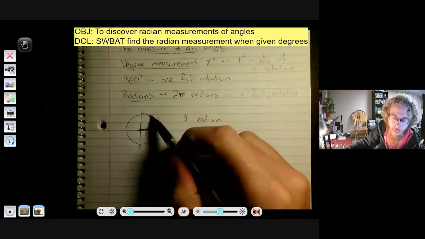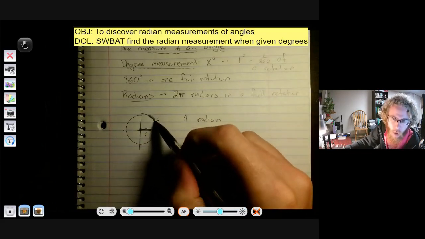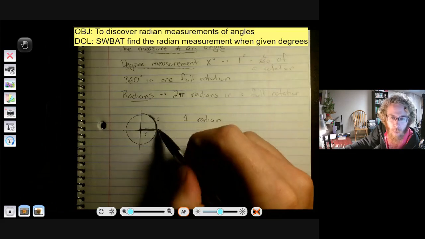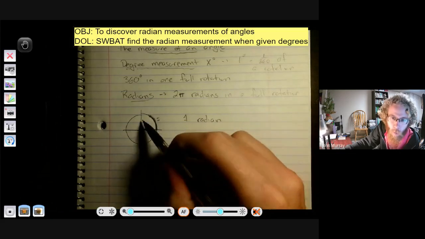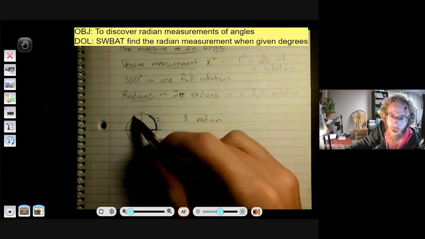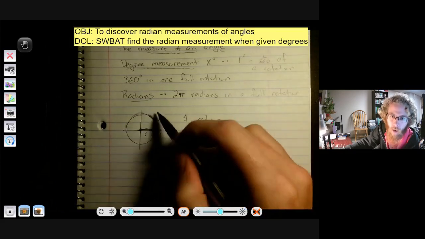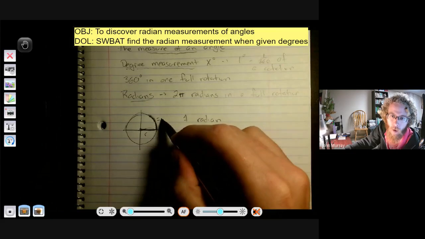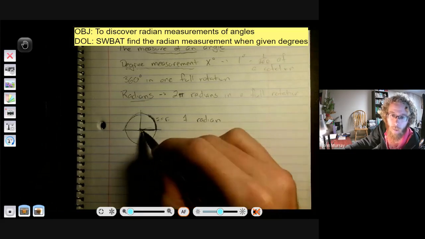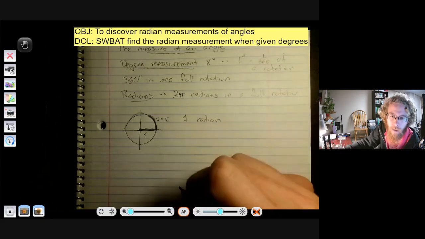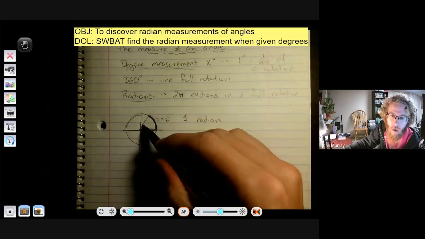Now, in geometry, hopefully you learned that along the edge of the circle, along the perimeter, we call that the arc. Right? So if I'm measuring from one point of a circle to another point on that outside, that is the arc. So here our arc is the same as our radius.